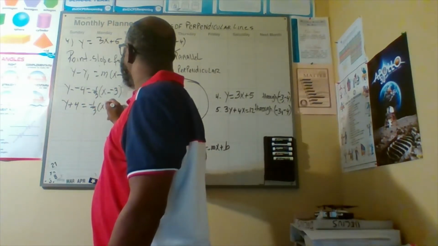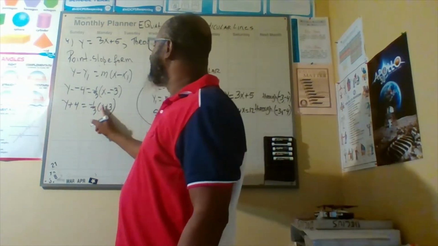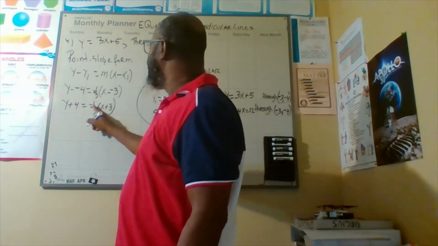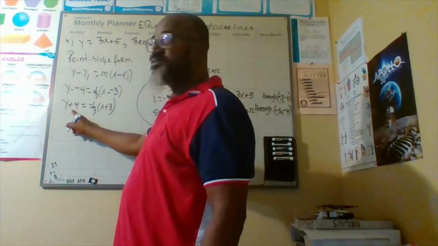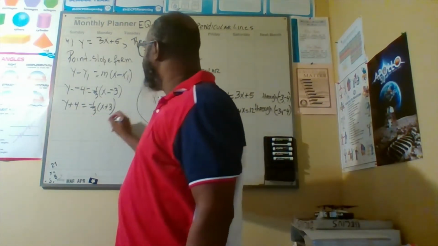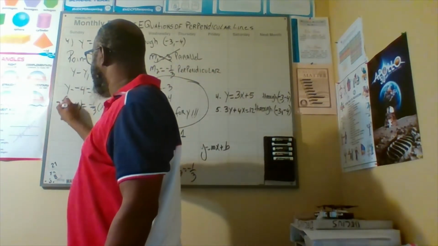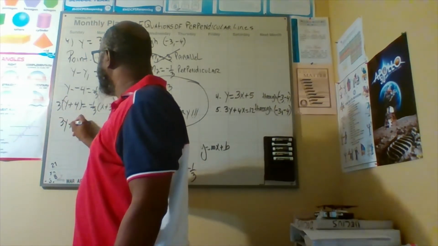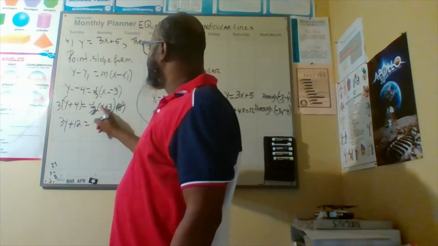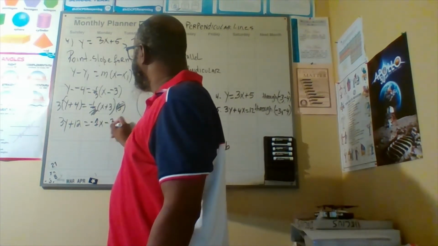Alright, once again, if you don't have a problem with fractions, you distribute -1/3. -1/3 times x will give you -1/3 x. -1/3 times 3 is -1. Then you'll have to subtract 4. Like I always tell you, if it's a fraction, multiply both sides by 3, and that's what I'm going to continue to do. If you want to distribute -1/3, no problem. Then you'll have 3y plus 12, and this 3 cancels that 3. Then you will distribute the -1, and you will have -1x minus 3, and subtract 12 on each side.